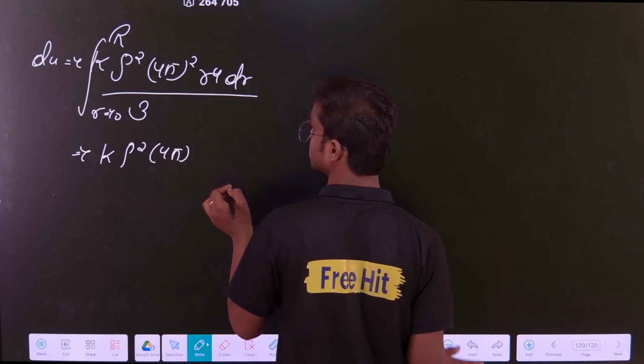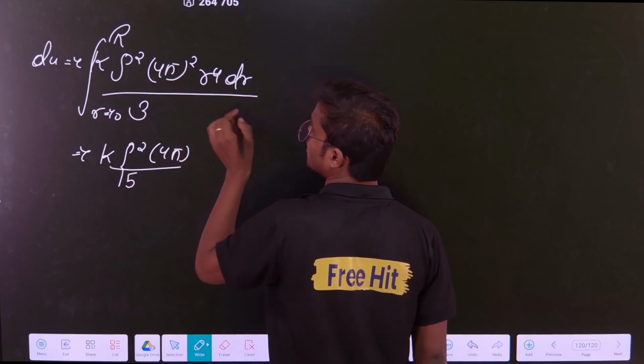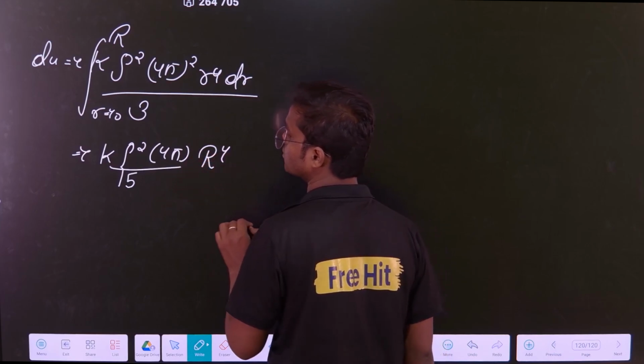If you integrate this, what you will get? You will get 15 here in the denominator, and this will become r to the power 5. Correct?